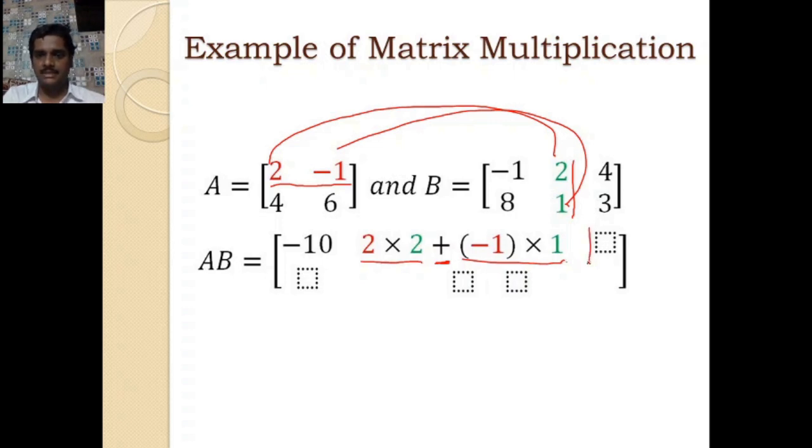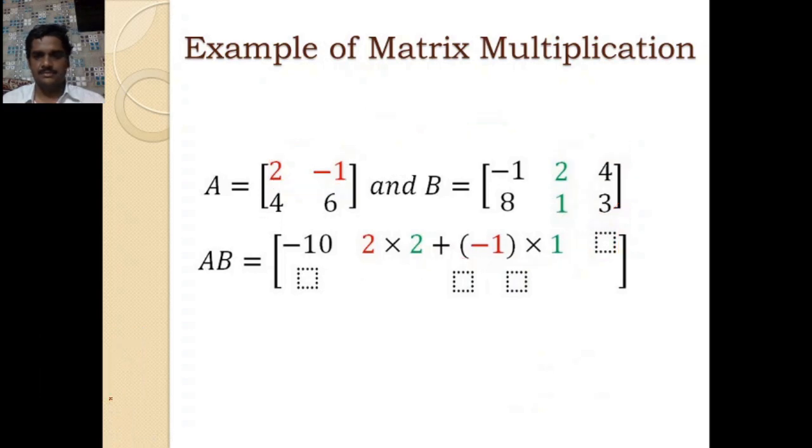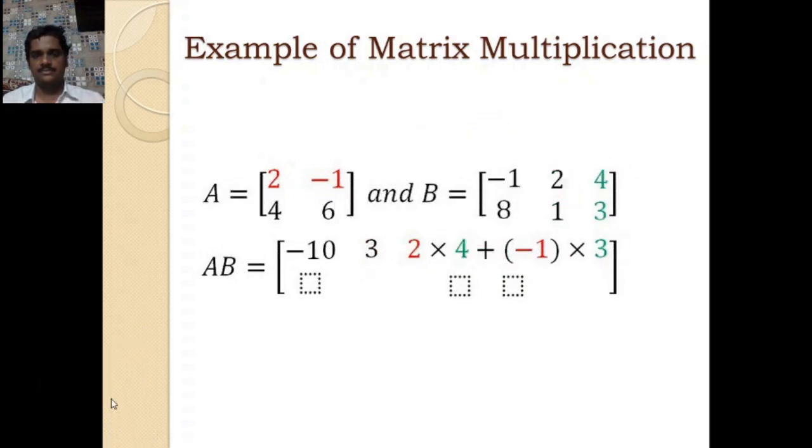Let's talk about this third one. That is the element present in first row, third column. So you'll pick first row of A, and third column of B, and you'll multiply them to get this first row, third column element of AB. Here you can see.